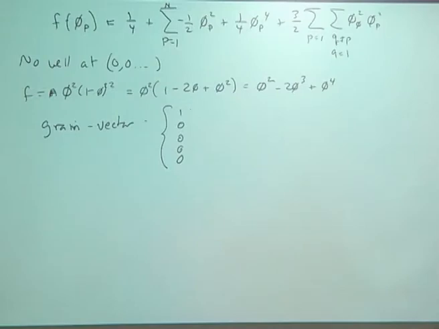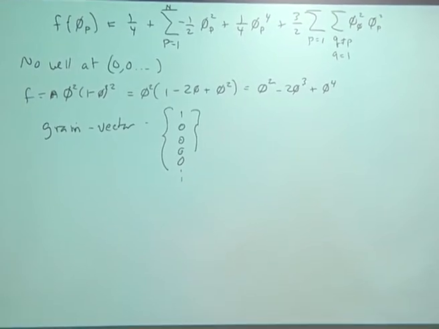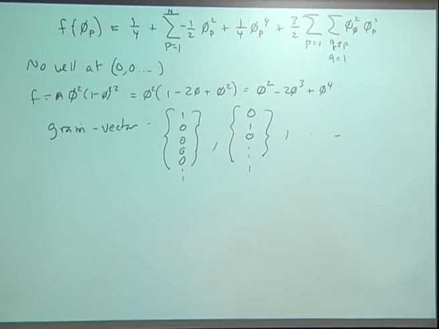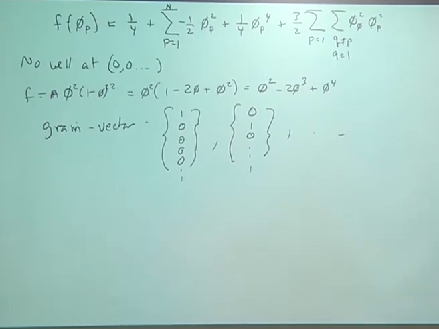And so basically, each grain is described by a vector that looks like this. You put in any of these N grains, and each one sits at the bottom of the wells.